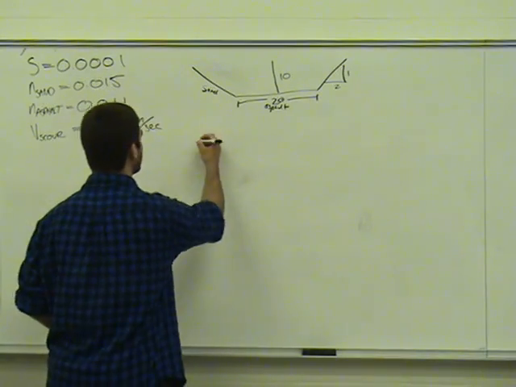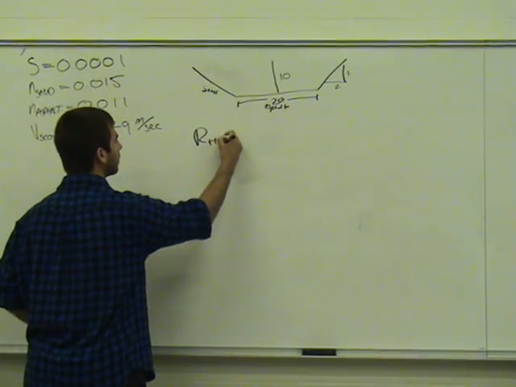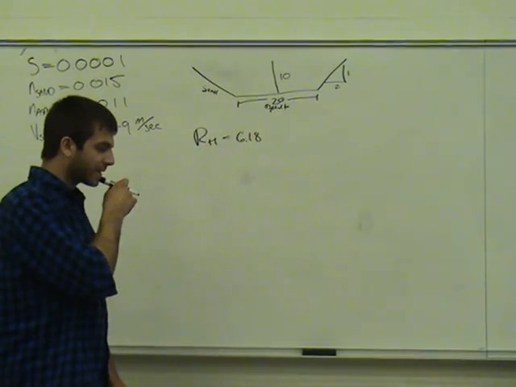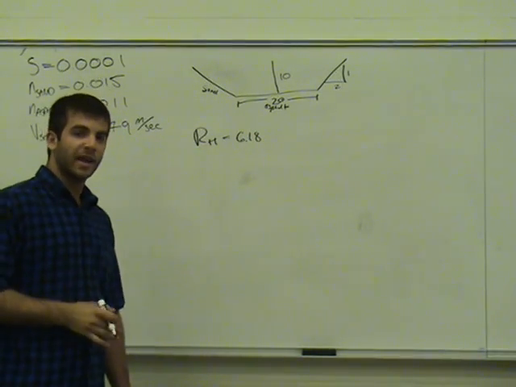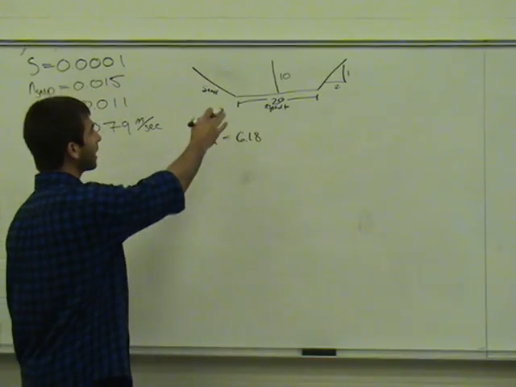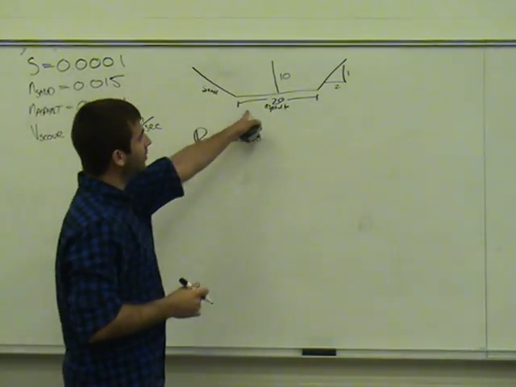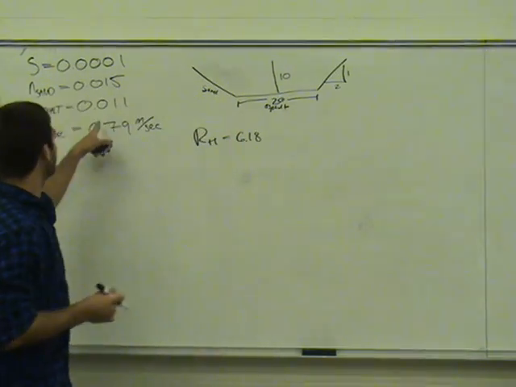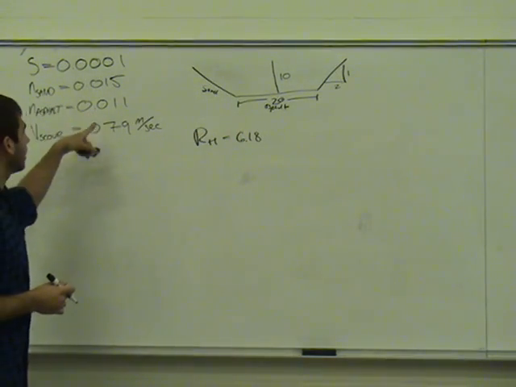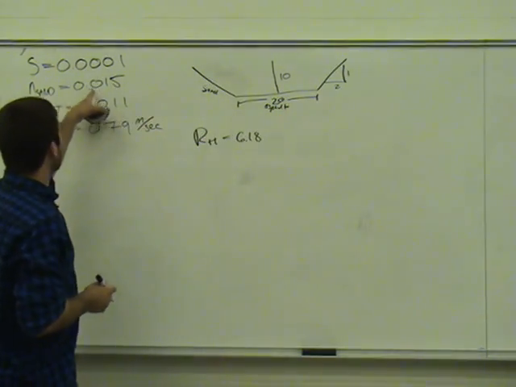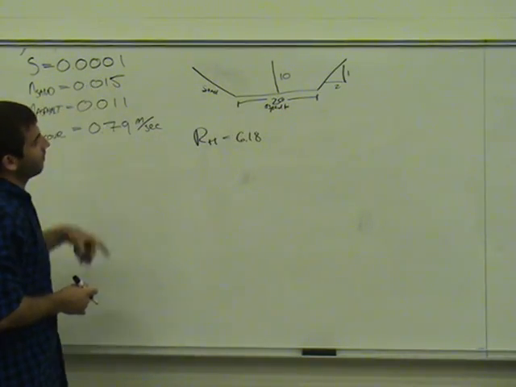So the next step is we have to find our Manning's n now, because it's not a constant n value across the whole channel. We have asphalt on the bottom here, which has an n value of 0.011. We also have sand on the sides where it was cut out of the channel, at a value of 0.015.